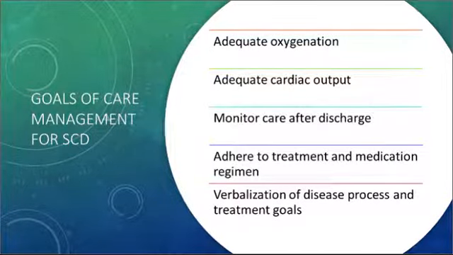Your goals for managing sudden cardiac death: oxygenation, cardiac output, monitor care after discharge, airway, breathing, circulation, education, teaching them about their medications, teaching about follow-up, teaching about symptoms, teaching about improving their health.